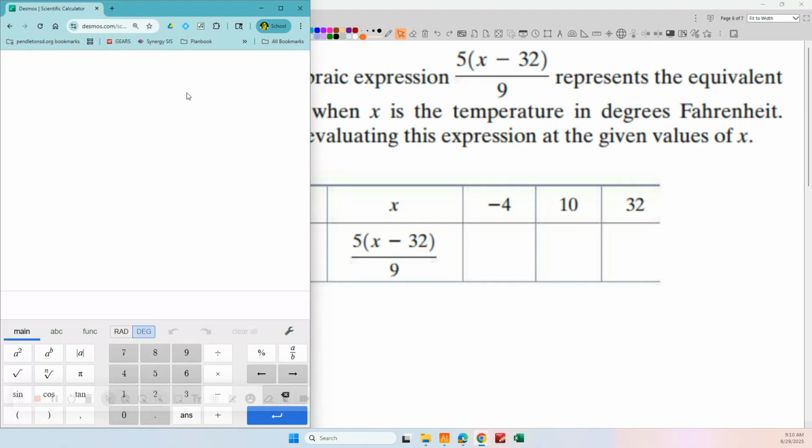Okay, so I could just substitute values. Like I could do something like this. I assume this is what you're saying. I could do 5 times the quantity, and I could plug in negative 4 for x. I'd probably want to put it in parentheses, negative 4 minus 32.